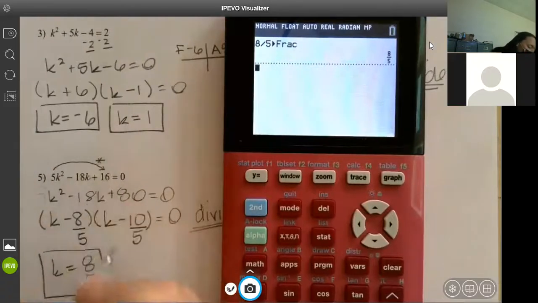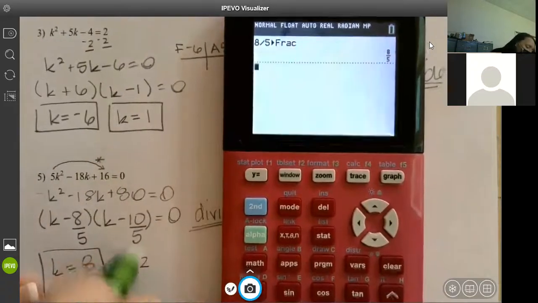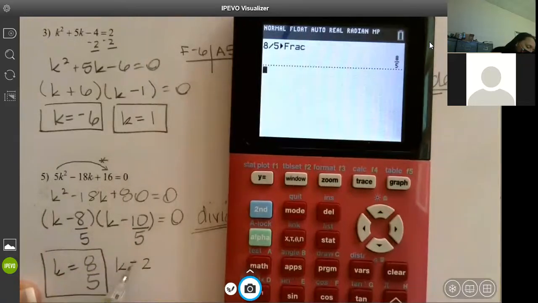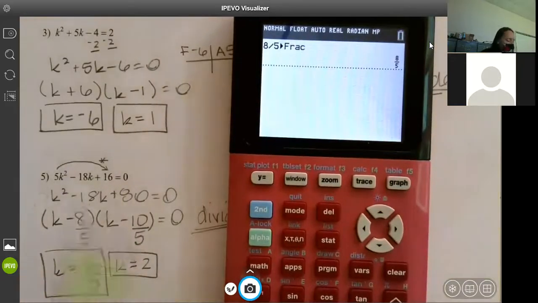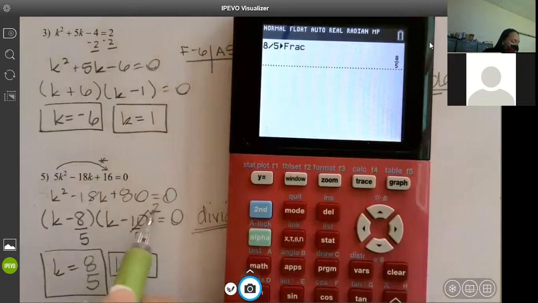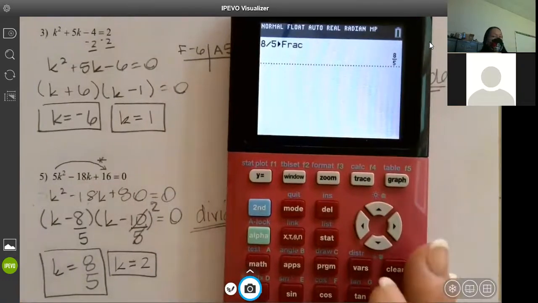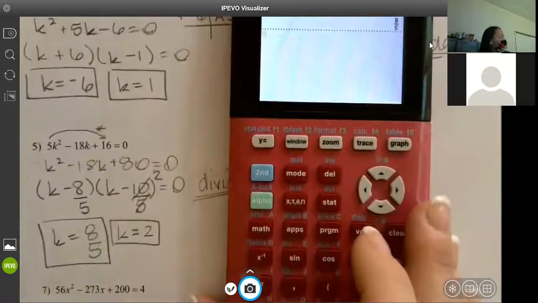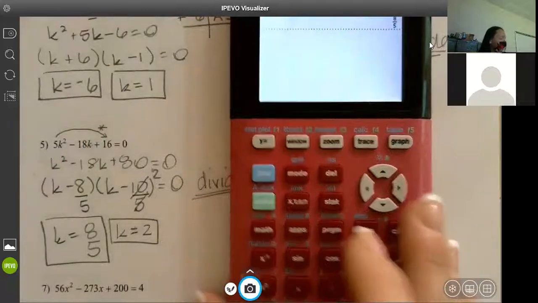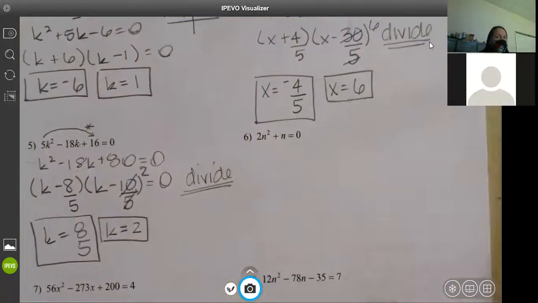And then 10 over 5 is 2. So k is going to be a positive 2. Okay, 10 over 5 reduces to 2. All right. Any questions on number 5? Is everybody okay?